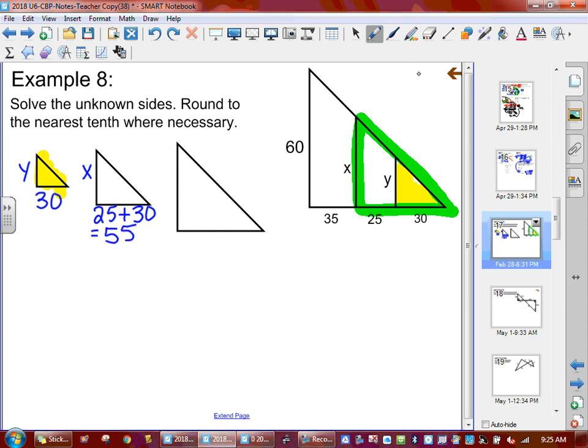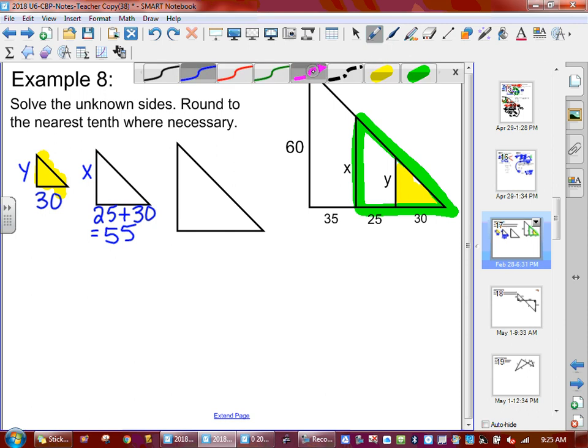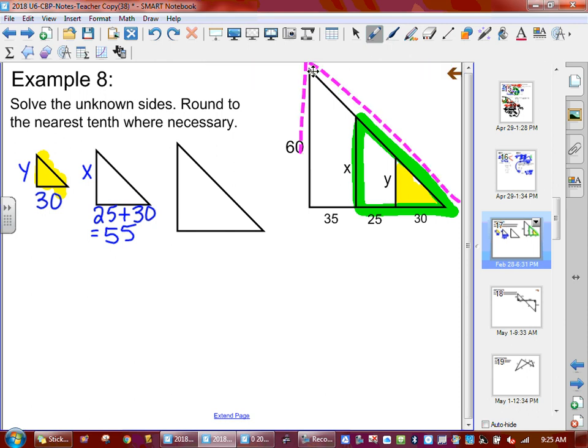And on the big triangle, the very giant one, that's this guy right here, we're going to match him up. We've got a 60 vertical, and we've got 35 plus 25 plus 30, that's going to give us 90. So we get 90 on that guy. We have to make sure we add all of those.